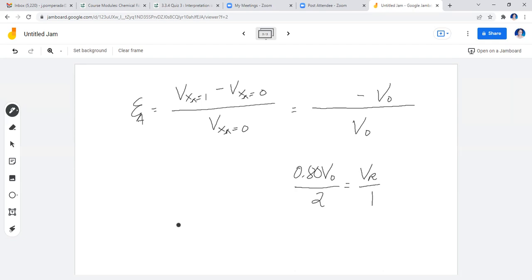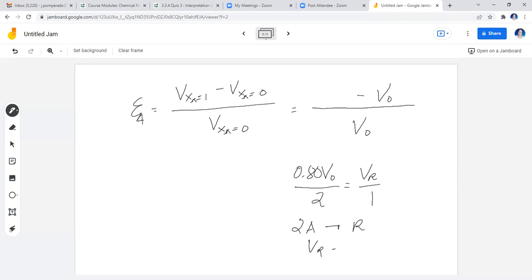Because we have this stoichiometric equation, 2A forming R. From here, I'll be able to determine the corresponding increase in the volume of my system due to the formation of R, or how much of my system's final volume will be due to R. So I'll be getting now V sub R.